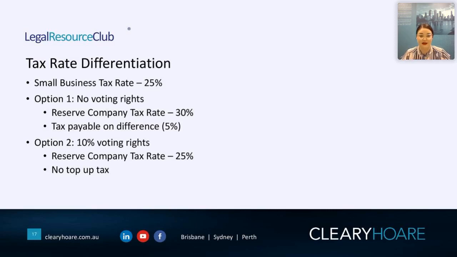At this stage, they have a 25% tax rate. There are things we can do, such as giving Shield Protection 10% of the voting rights to make it a base rate entity in the company. But if the transaction was ever looked at or in the spotlight, this would look unfavourable.